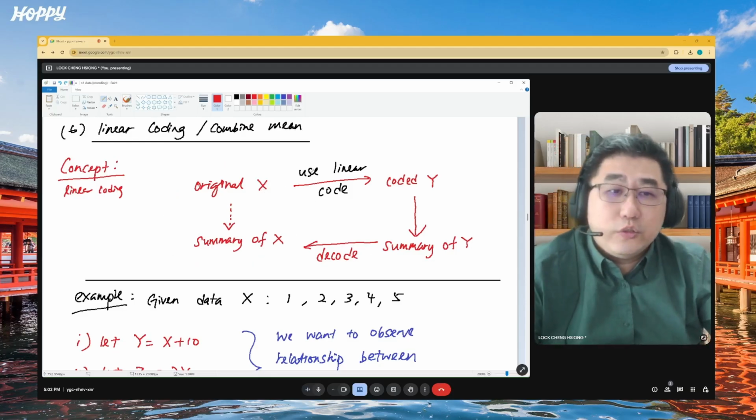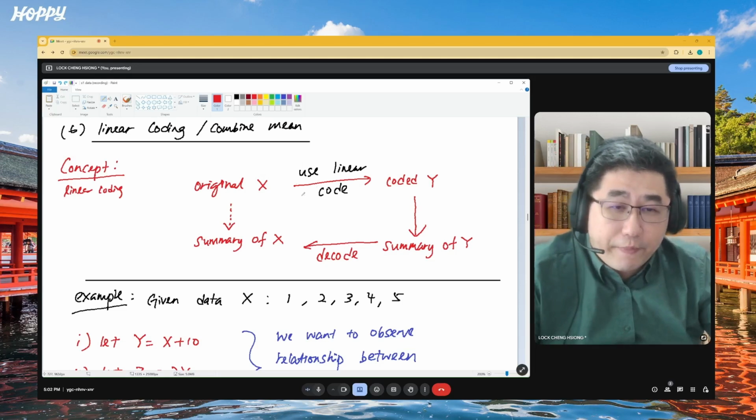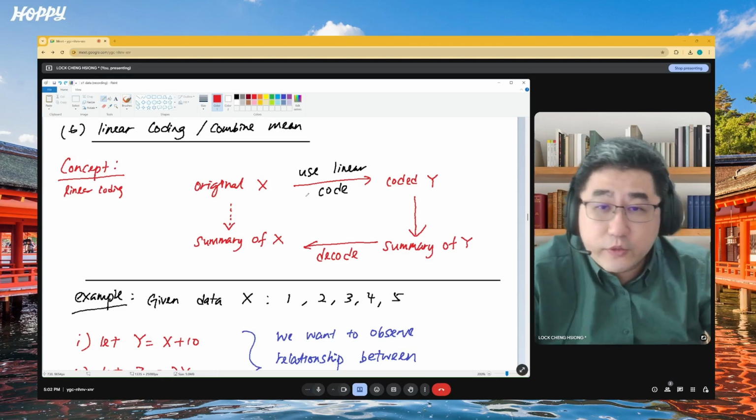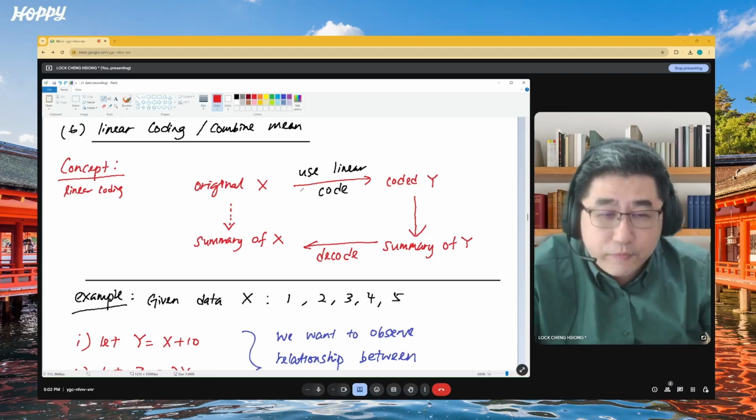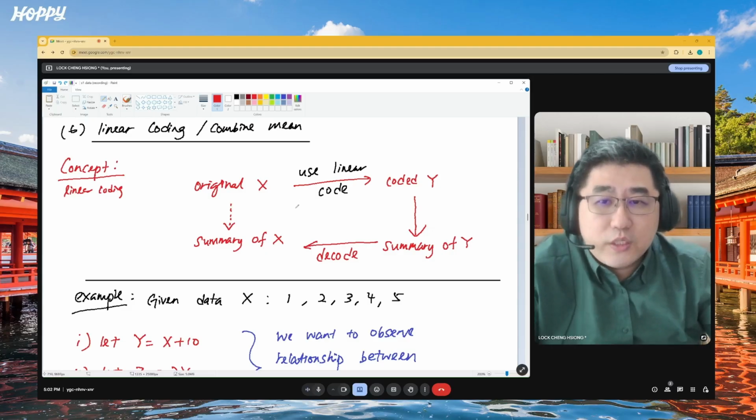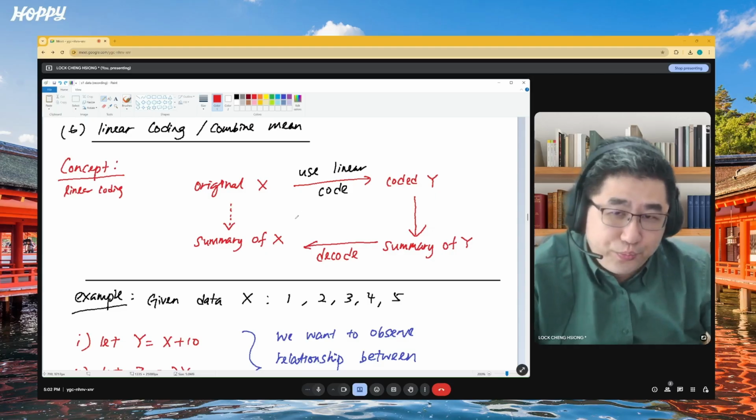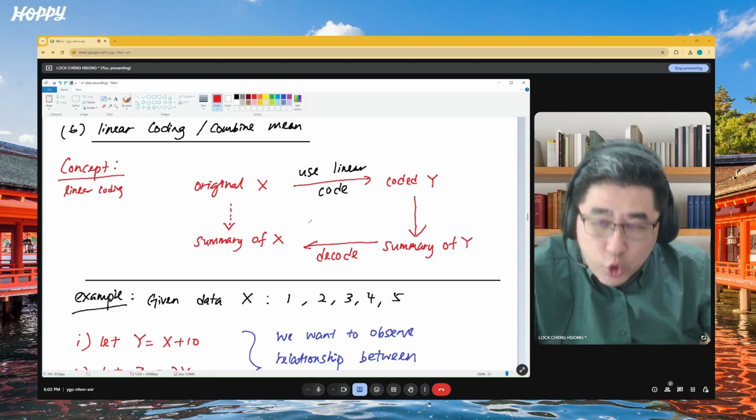This is due to a historical event. When the first computer was invented, the computer was as big as a room, and the processing speed was very slow.